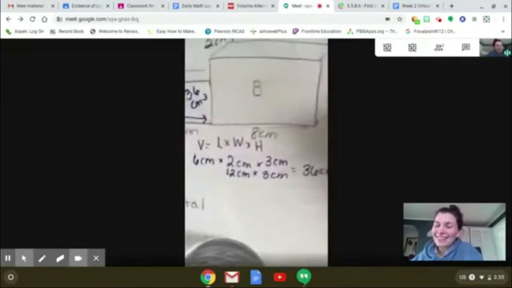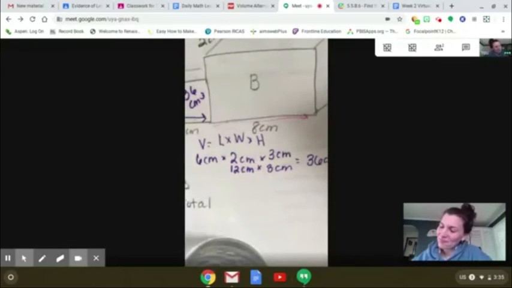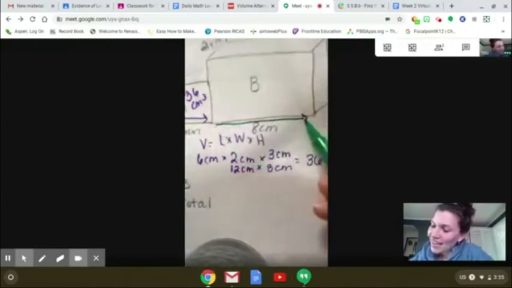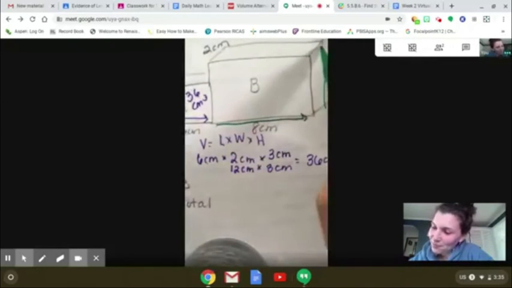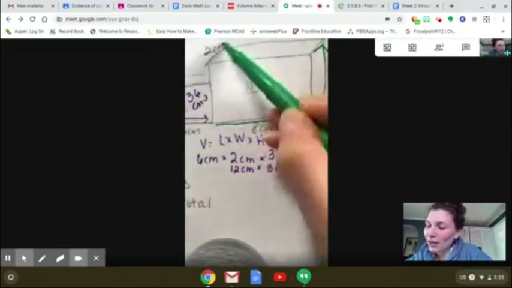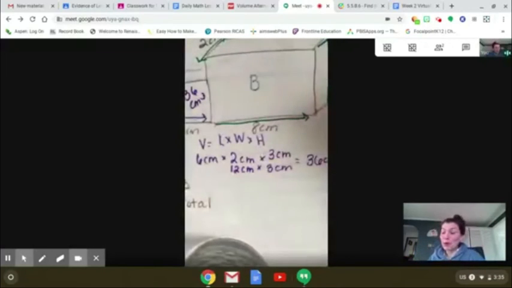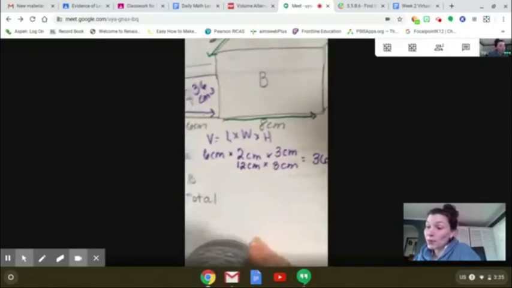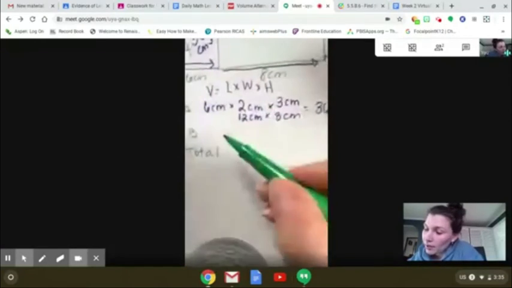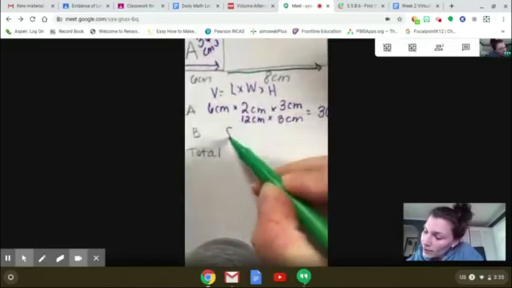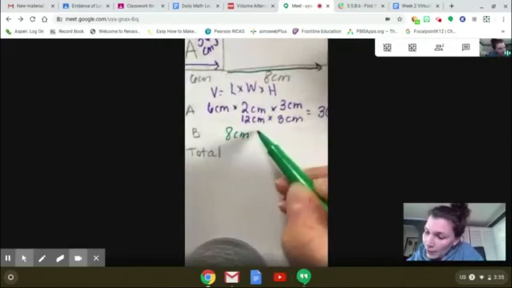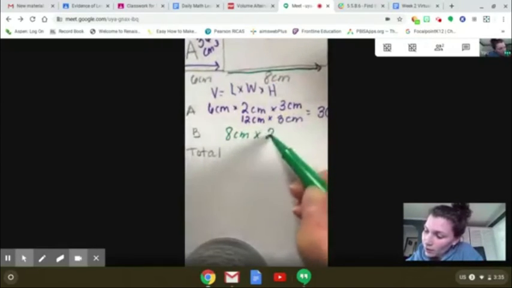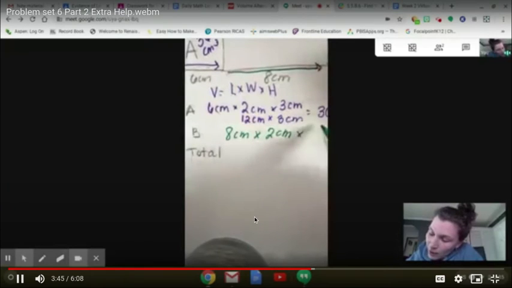It has a length of 8, a height of 5, and a width, or how far back, of 2. Remember, volume is length times width times height. We're only finding the volume of prism B. So the length was 8 centimeters multiplied by the width of 2 centimeters multiplied by the height of 5 centimeters, okay?